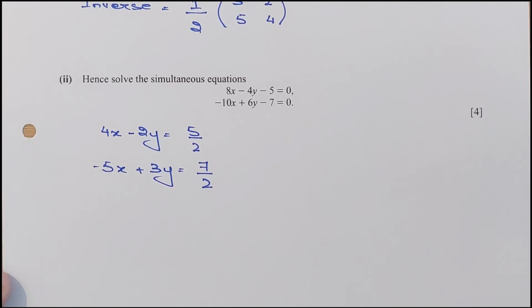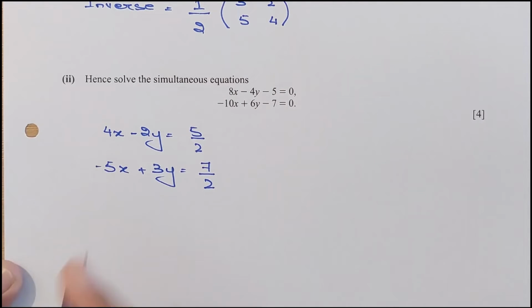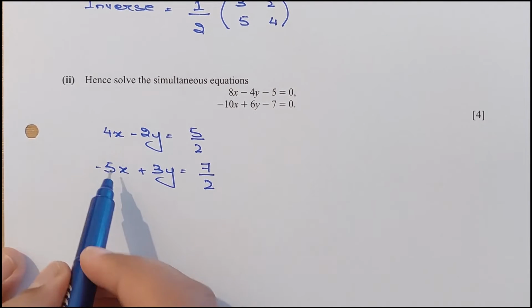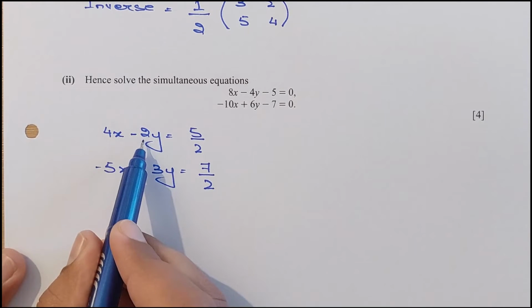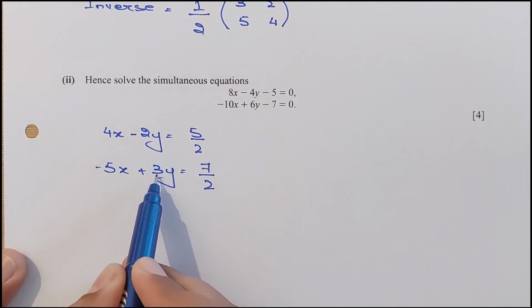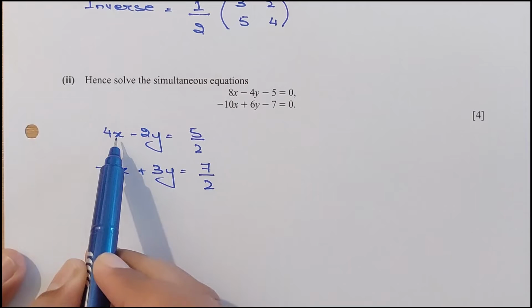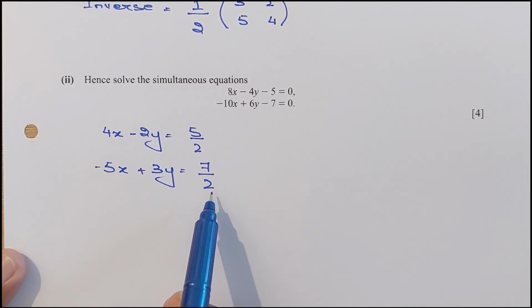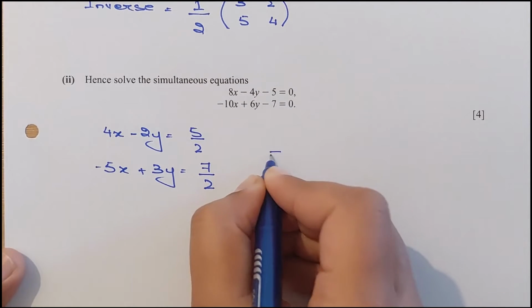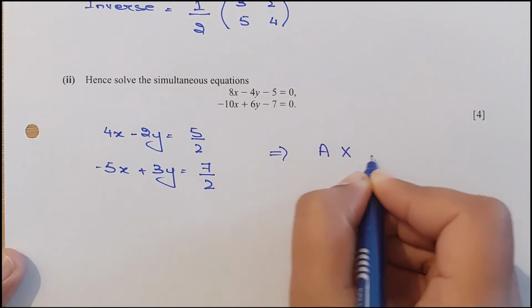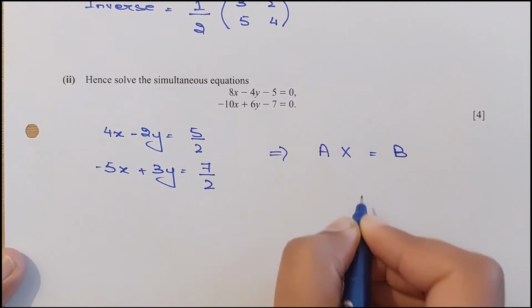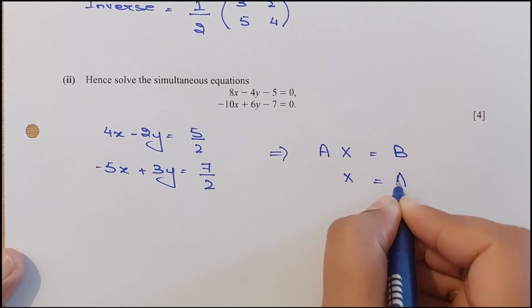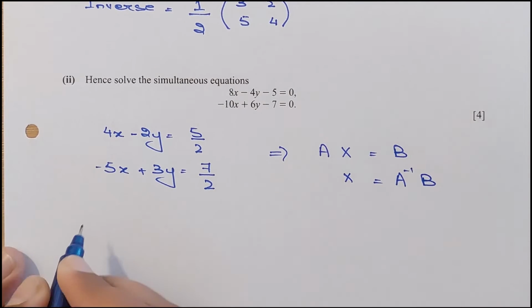Right. So what the equation says is that we have the matrix A, 4, -2, -5 and 3, the matrix X, x and y, and a matrix B, right? So this is basically AX equals B. We have to solve for X. This is A inverse B. Let me write this down.